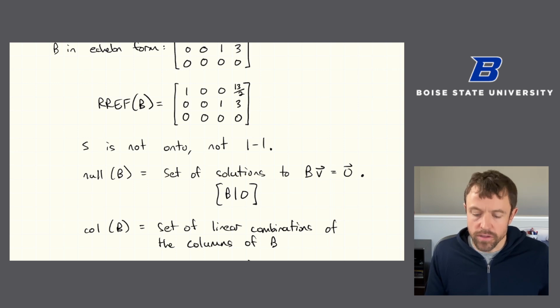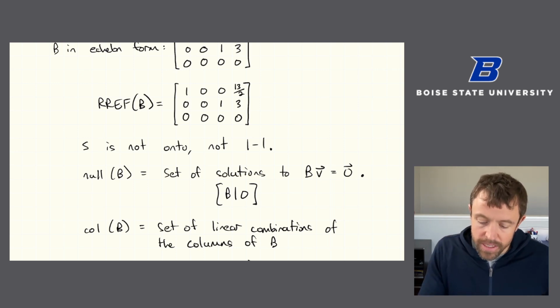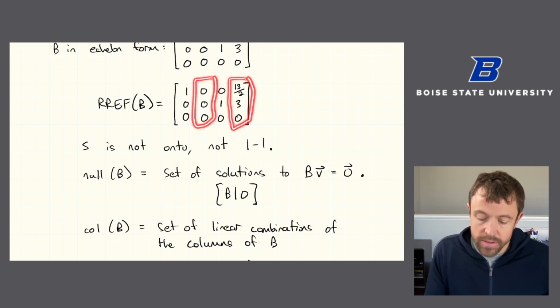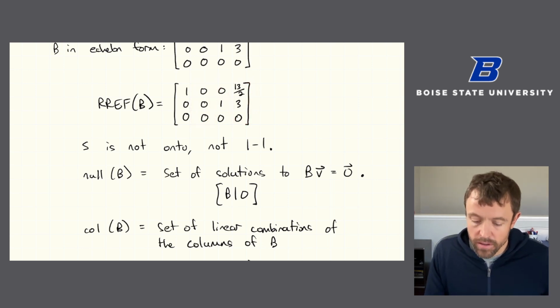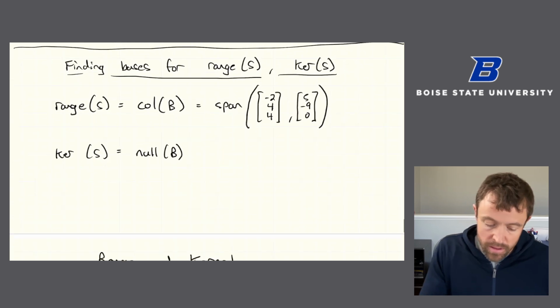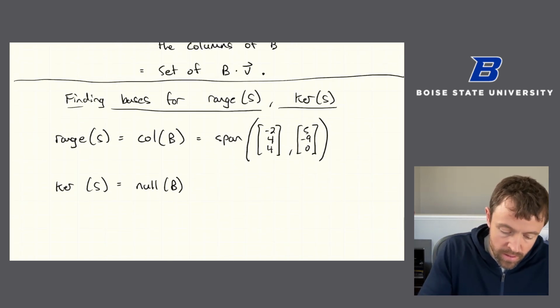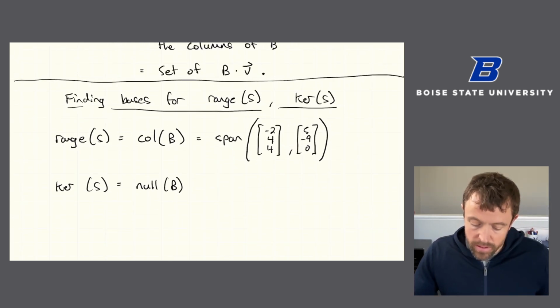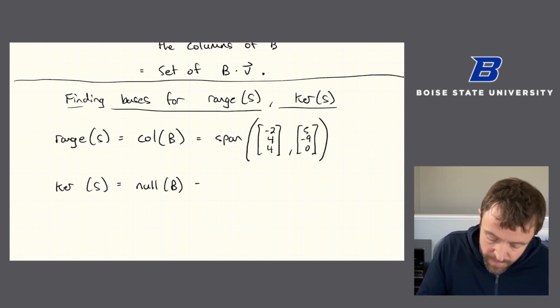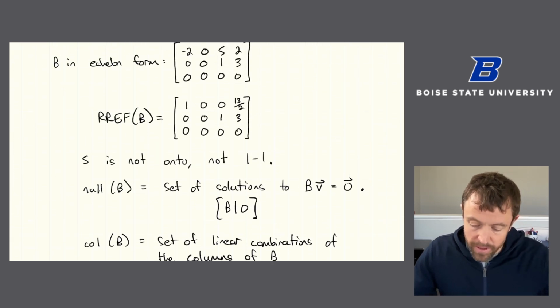So what are the solutions? Well, looking at this matrix, we have free variables in columns 2 and 4. So let's do this workup here.